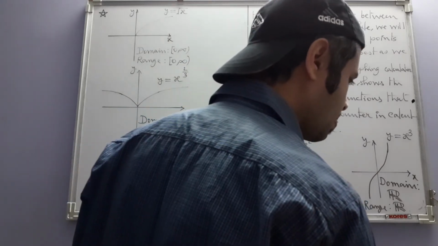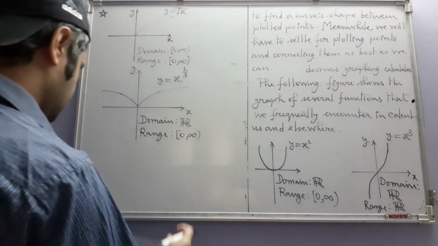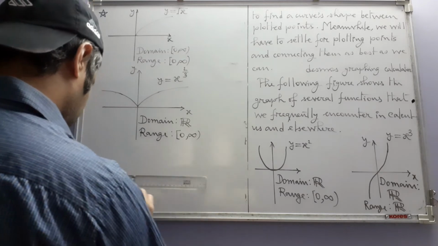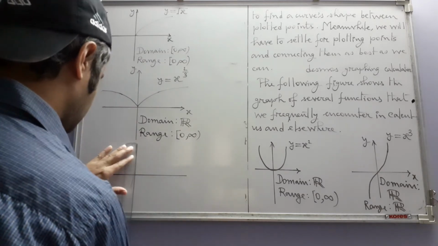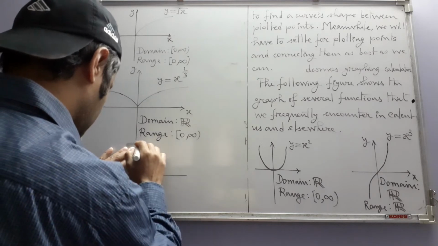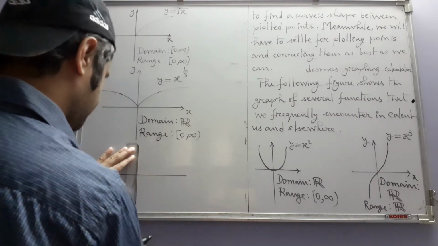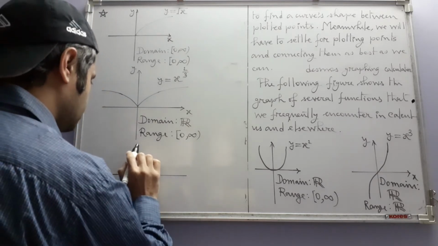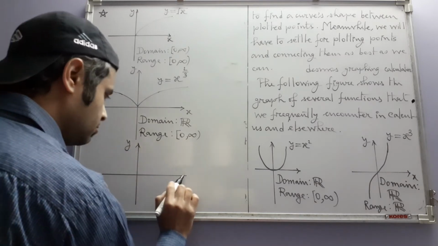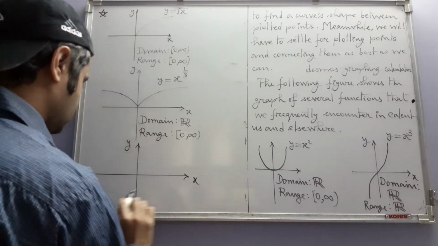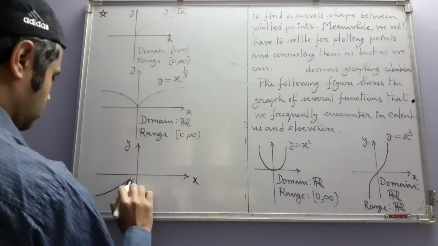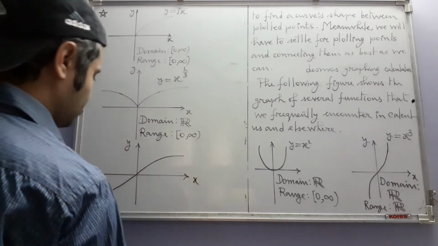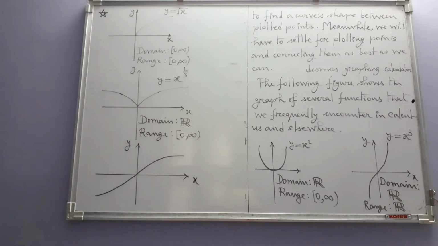Then cube root of x. This graph goes roughly like this.